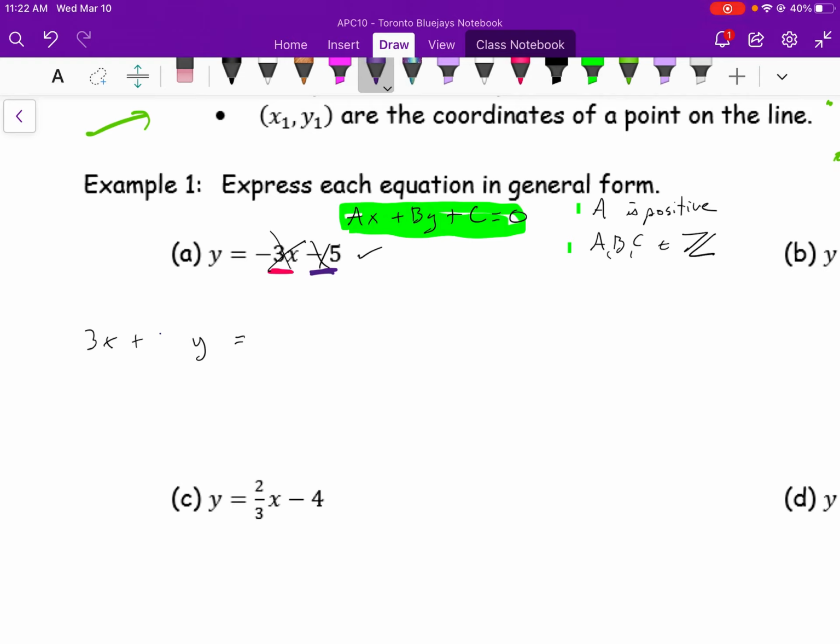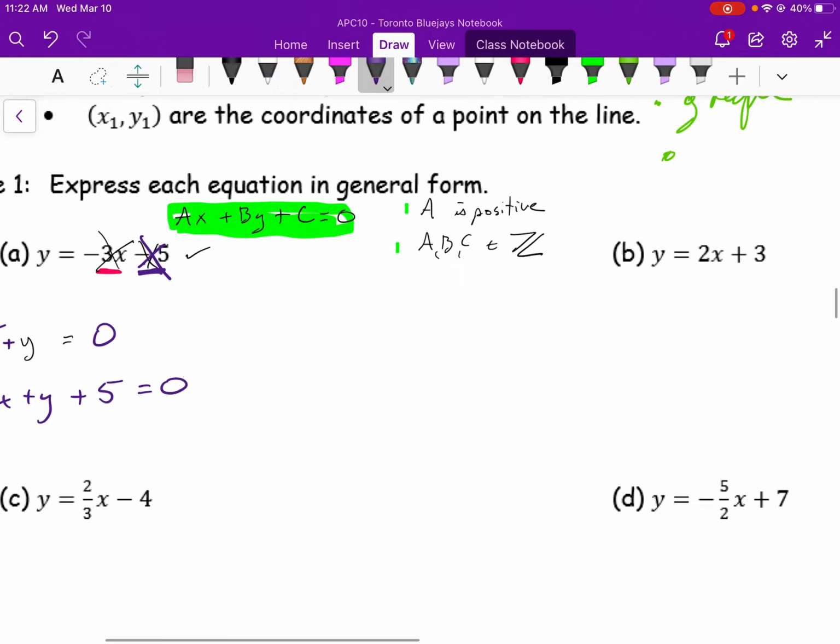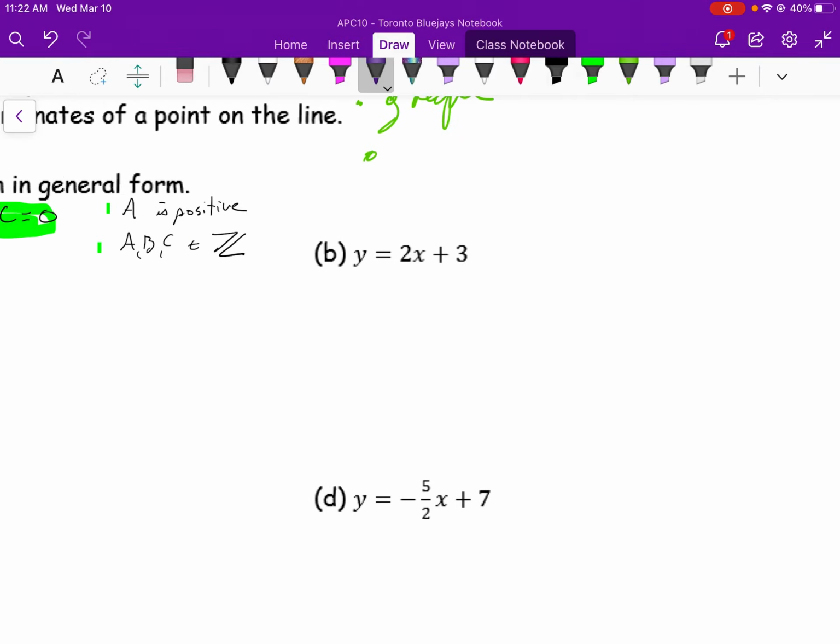And if I add 5 to both sides, this term is canceled out. And I get 0. So 3x plus y plus 5 is equal to 0, and it's done. I know most of you would say, well, I'm going to move it over to the other side and it becomes the opposite, but think of it as an inverse operation. It is the undoing. All right, great question here.